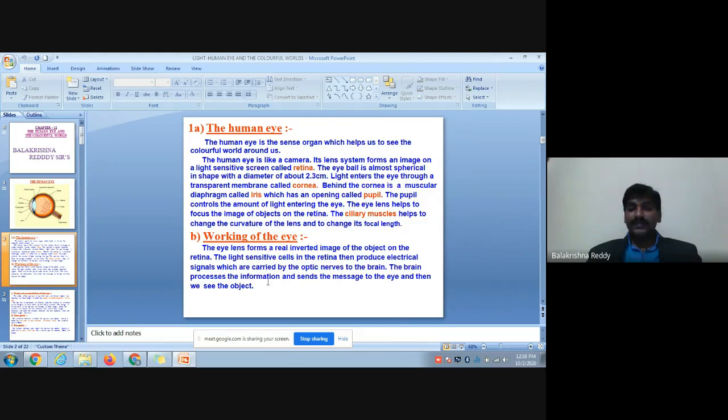Now, on the retina there are sensitive cells attached to the optic nerves. Through them, the image in the form of electrical signals passes to the brain, and the brain detects the particular information or image that has fallen on the retina. This is the way the eye functions.